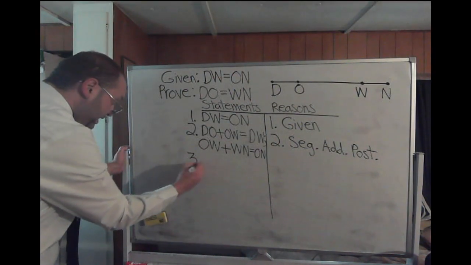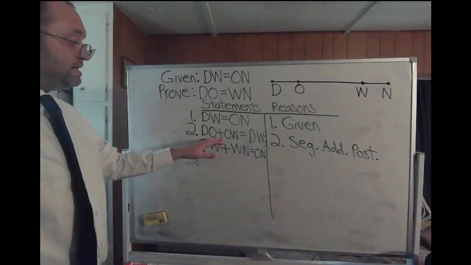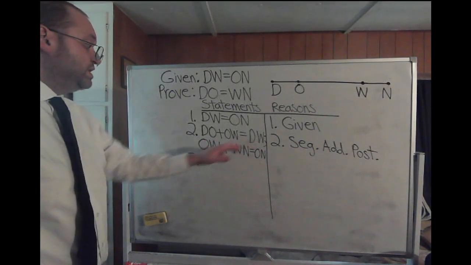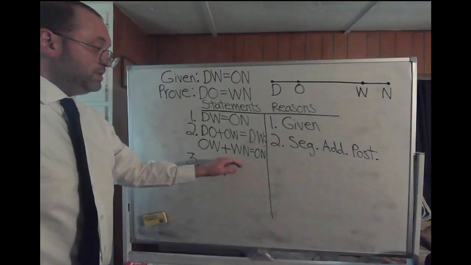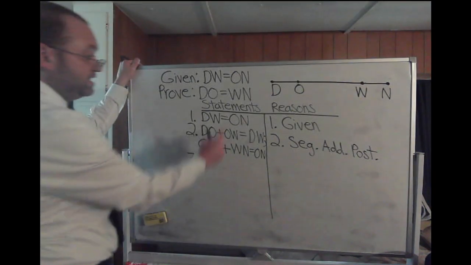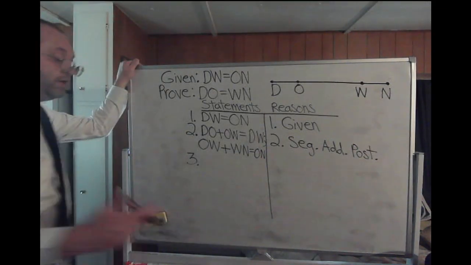Now step 3. So from step 2 we have DO plus OW equals DW, and OW plus WN equals ON. Notice from the given, DW equals ON, right? DW and ON are equal.